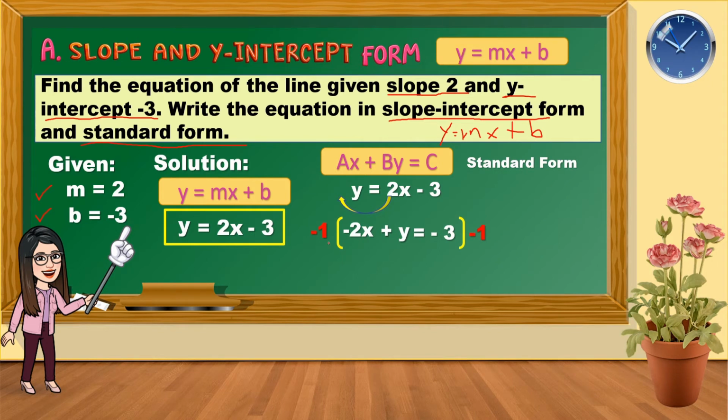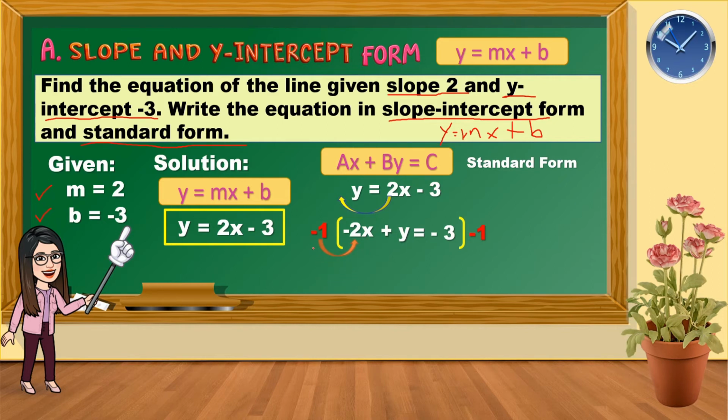Okay, negative 1. So, bakit natin siya i-multiply? Para maging positive si x. But be sure, kung i-multiply natin siya dito, dapat sa lahat ng terms at sa kabilang side ng equation, i-multiply din natin si negative 1. Okay, so para maging equal yung ating ginagawa.